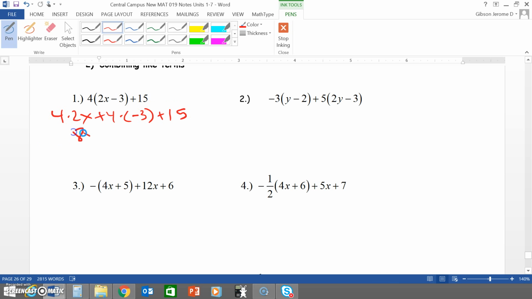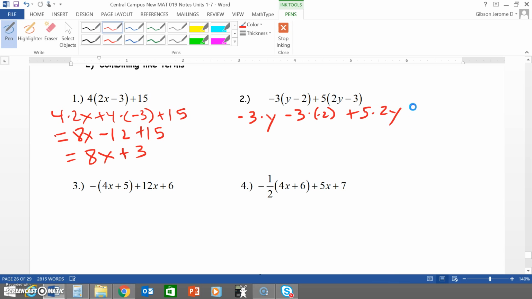Well, 4 times 2x is 8x. 4 times a negative 3 will be minus 12 plus 15. So this will give us 8x, a minus 12 and 15 will give us positive 3. So now we come here. We add negative 3 times y minus 3 times a negative 2, and then plus 5 times 2y, and plus 5 times a negative 3.